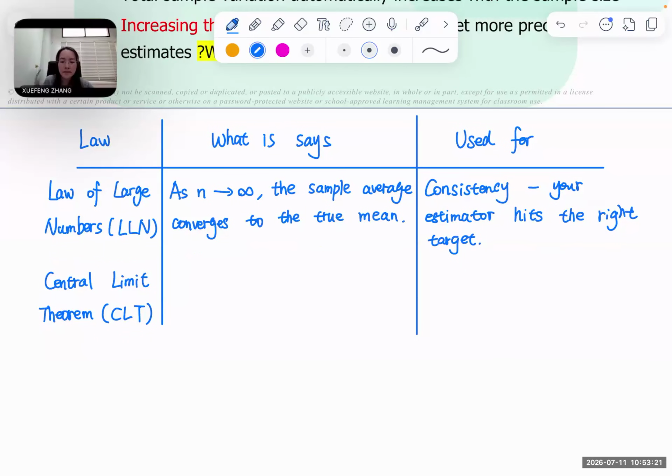Next one, the central limit theorem. It says that as n goes to infinity, the sampling distribution becomes narrower and more normal.